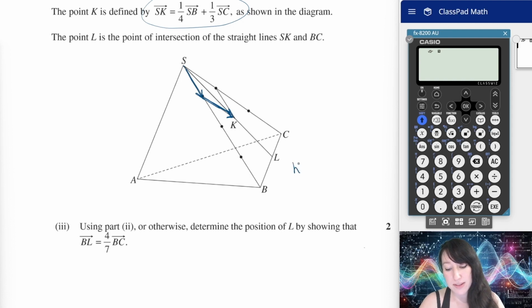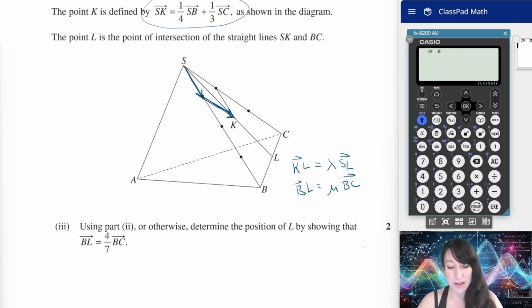Now we could express KL as a scalar of SL. Maybe we'll call that lambda. Perhaps we can also get to L by taking SB and then BL. Notice that BL can be expressed as a scalar times BC. Maybe we'll call that mu.